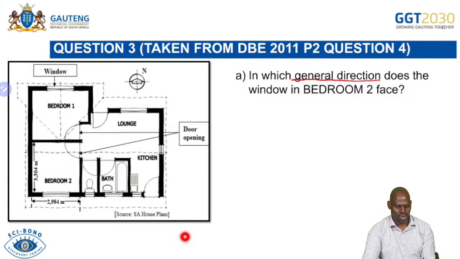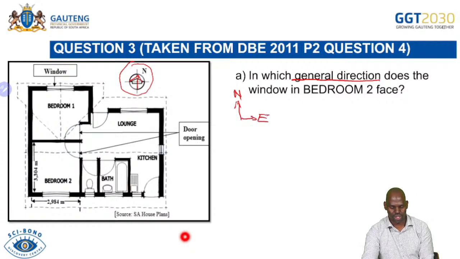Now we have to look for our compass. There we've got N, and there you've got the arrow facing up. Now the arrow is facing up, so that is north. Imagine facing in the direction of north. Your right hand side will always be east. Then we've got west, we've got south.